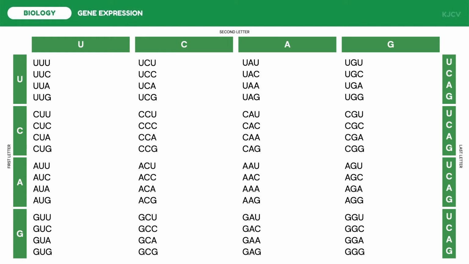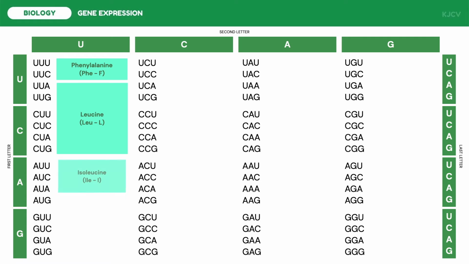Each amino acid may be abbreviated using a 3-letter or a 1-letter abbreviation. We have phenylalanine, or PHE or F, leucine, or LEU or L, isoleucine or ILE or I, methionine or MET or M. Methionine, aside from being the amino acid for AUG, is also called the start codon.